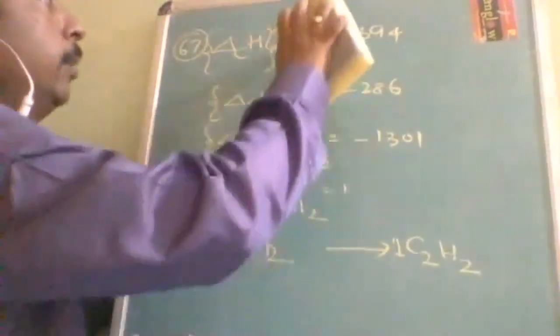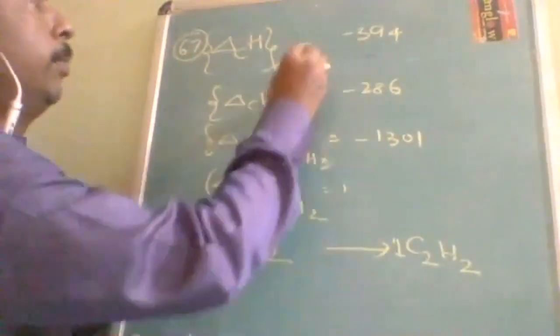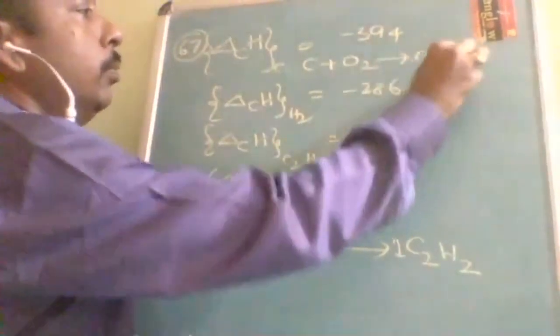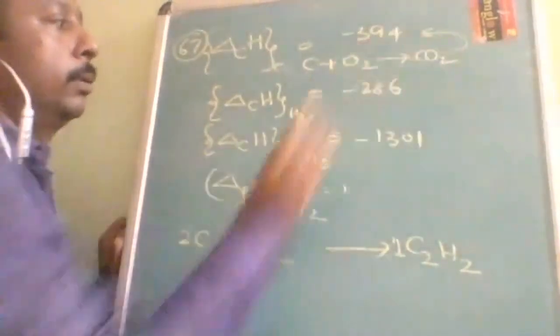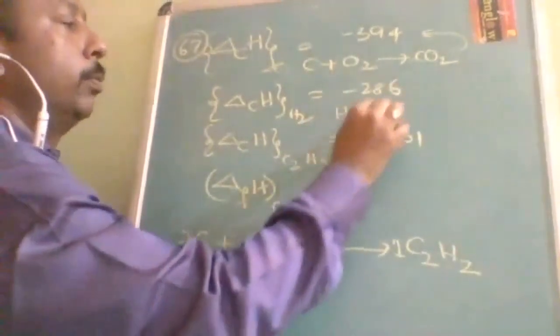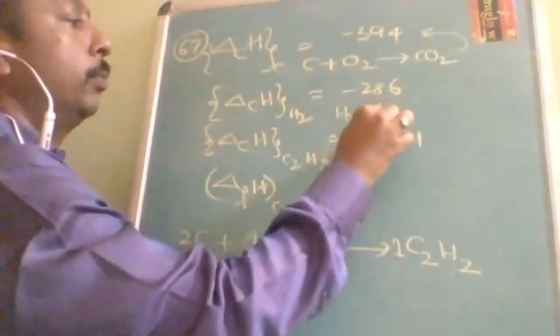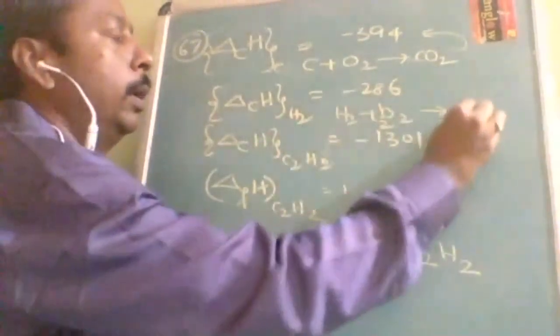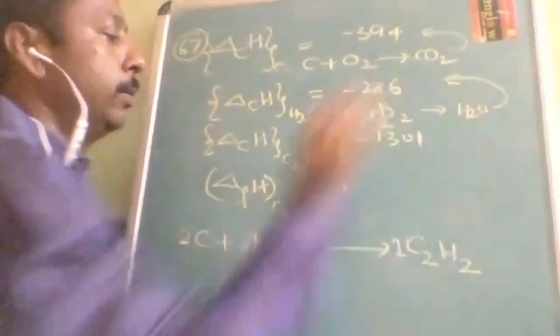Enthalpy of combustion means C plus O2 gives CO2. This value is this one. H2 plus half O2 gives H2O; in combustion, this should be 1 mole of H2O. For this, the value is given.